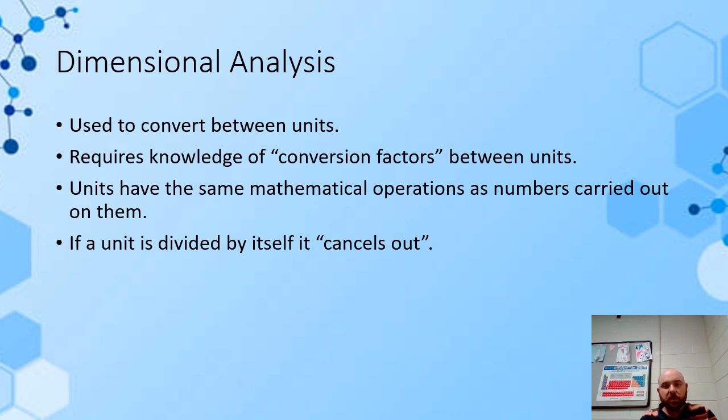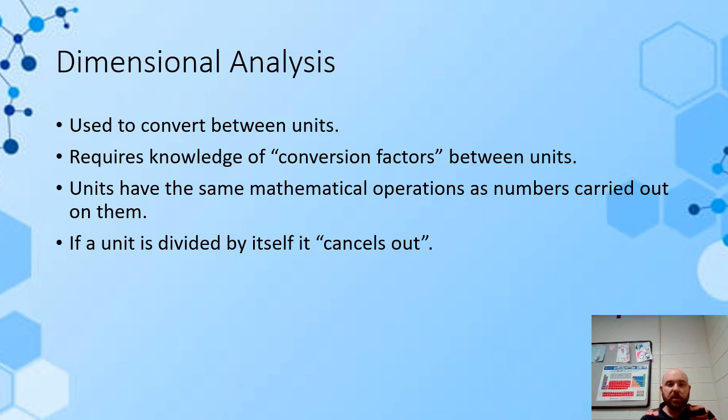It usually or almost always requires knowledge of something we call conversion factors. And for the most part, you will be given those conversion factors in a lot of cases, and we'll talk about how to use them going forward.